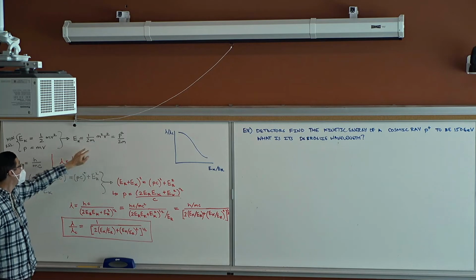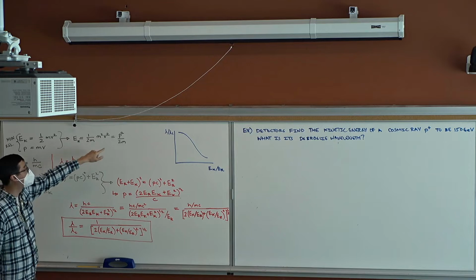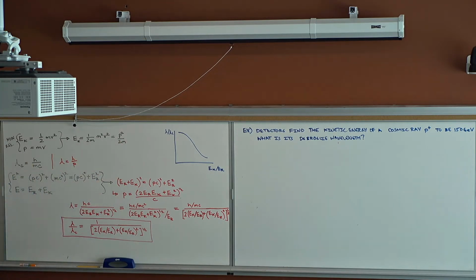But m squared v squared is really just p squared, right? So the kinetic energy classically goes as p squared over 2m. No magic in that.